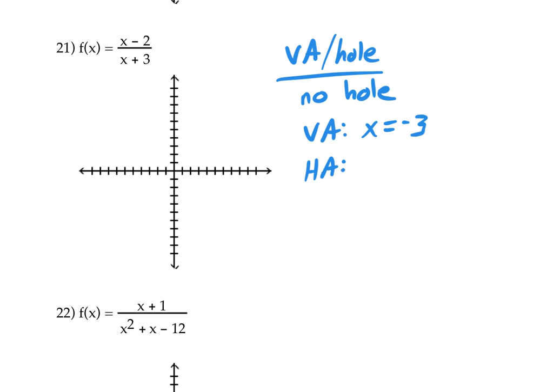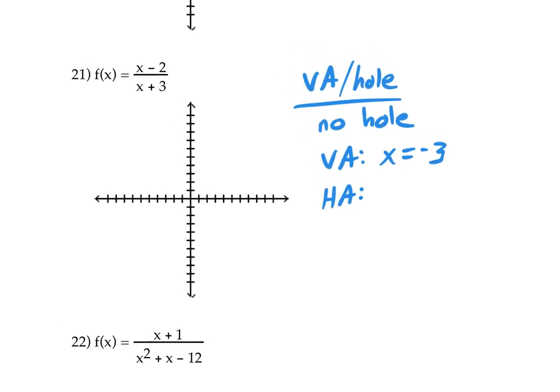Okay, the horizontal asymptote, the degree on top and bottom is both 1, right? So here the degree is the same on top and bottom. So we go back to that rule we just talked about. If the degree on top and bottom is the same, then we're going to divide our leading coefficients. So it'd be 1 over 1, or just y equals 1.